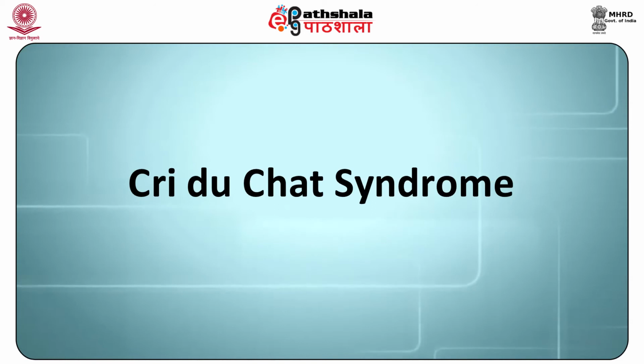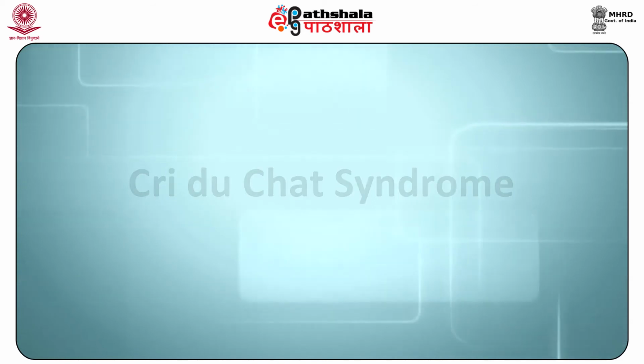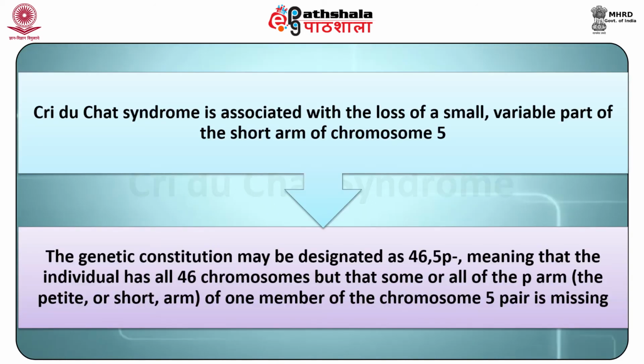Another syndrome is the Cri du Chat syndrome. This syndrome is associated with the loss of a small variable part of the short arm of chromosome number 5. Thus, the genetic constitution may be designated as 46, 5p-, meaning that the individual has all 46 chromosomes, but some or all of the p arm, that is the petite or short arm, of one member of the chromosome 5 pair is missing.